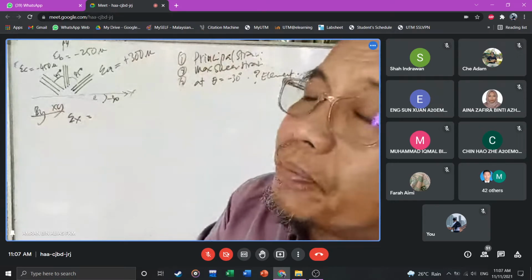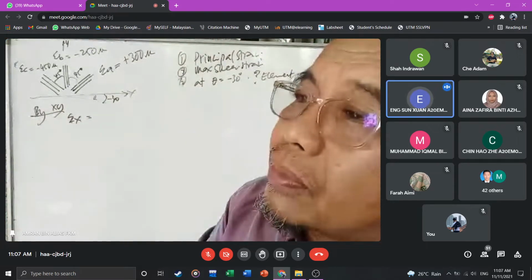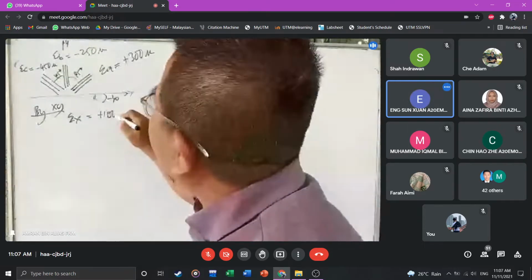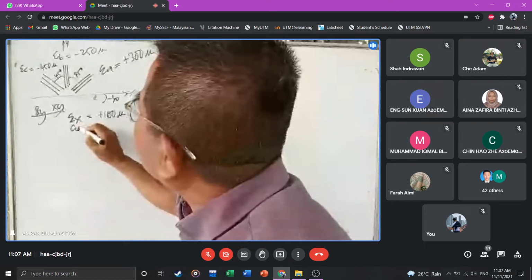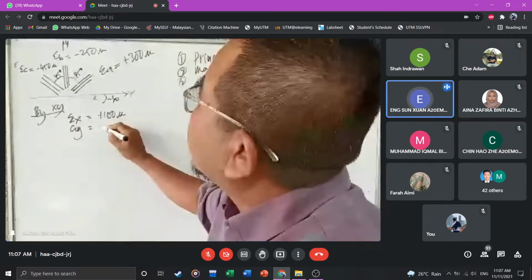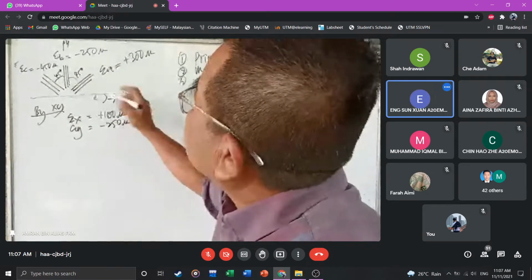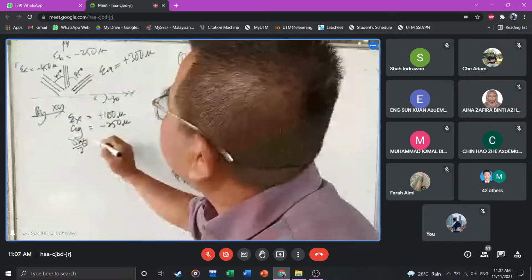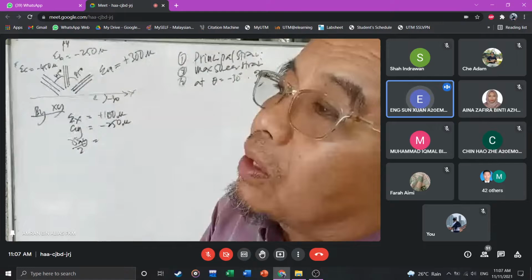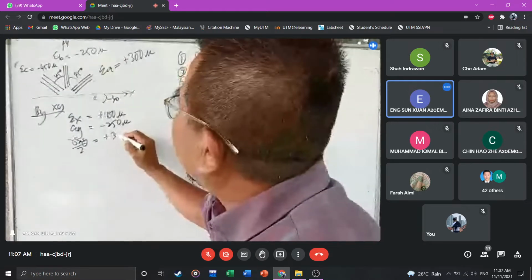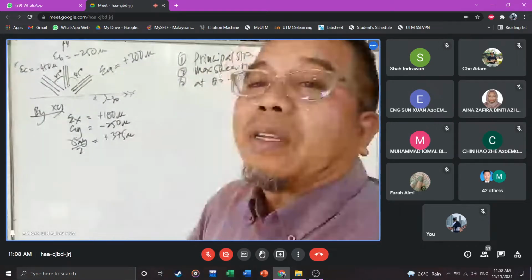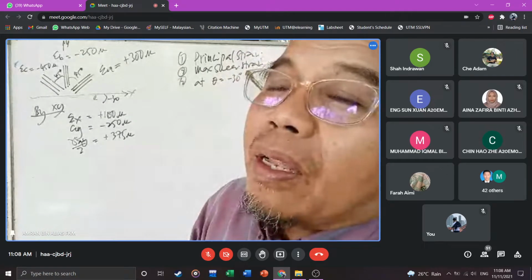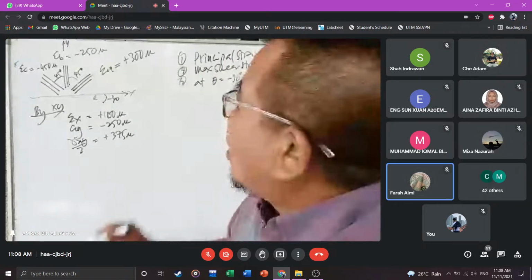Positive 100 microstrain. EY? Negative 250, the same as EB. And gamma XY over 2? Positive 375 microstrain. Is everything okay? Same.